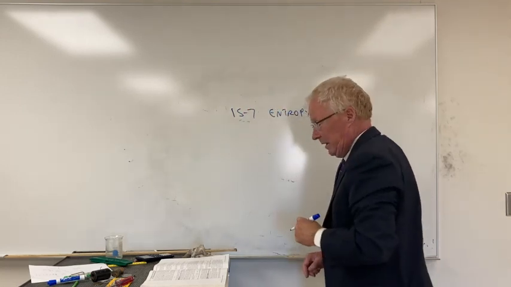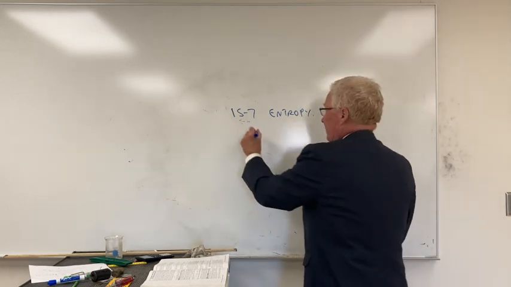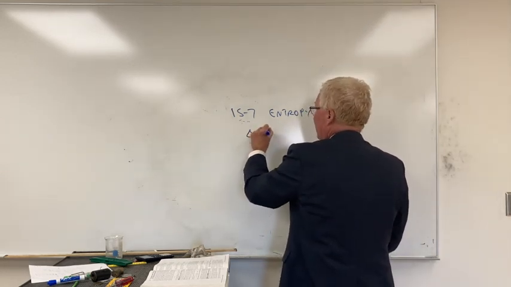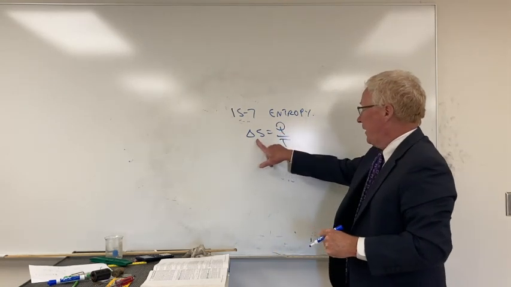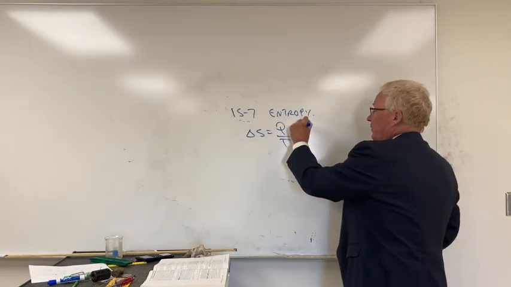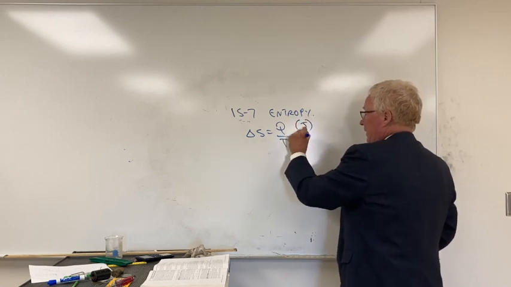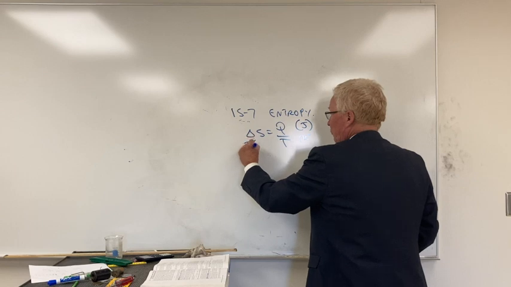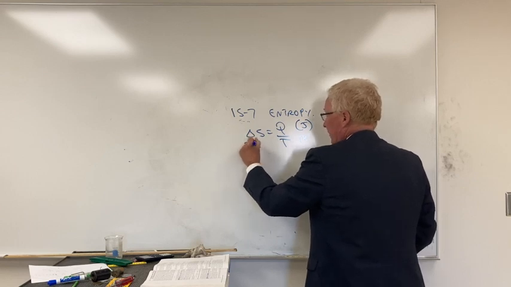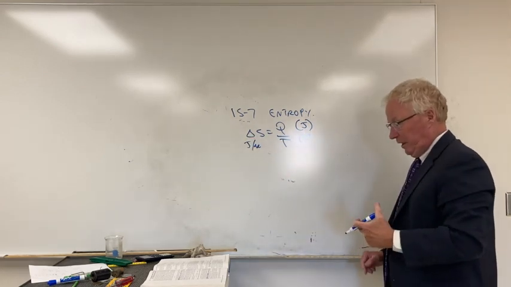We've talked about the fact that delta S is Q over T, where this is the change in entropy. This will be in joules, and this is in Kelvin. So delta S is in joules per degree Kelvin, or kilojoules per degree Kelvin.